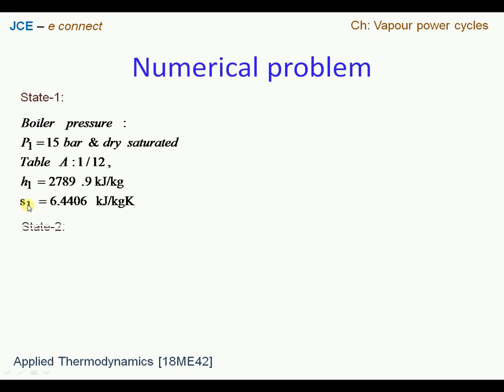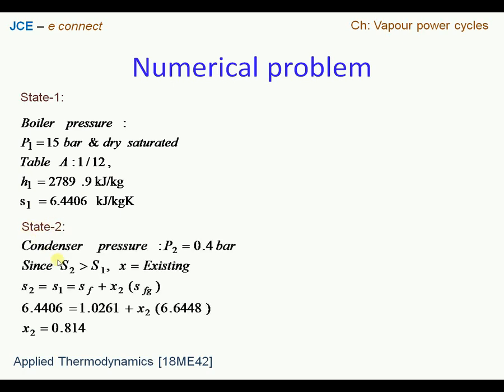Now let us proceed further to state 2. At state 2 we have the condenser pressure, which is 0.4 bar, and we know that S1 is equal to S2 because that is an isentropic expansion process.